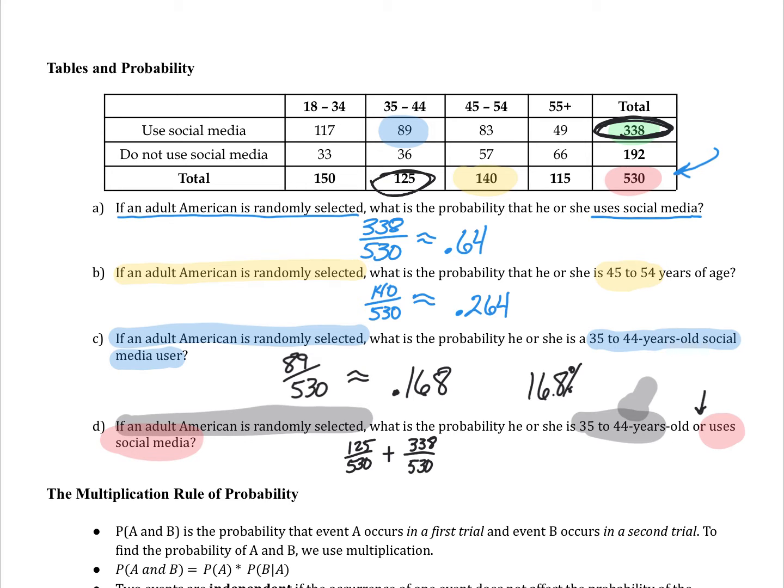But again, we see that we have counted the 89 35 to 44-year-olds that are both social media users and in the age group. So what we'll have to do is subtract our 89 away. We will subtract 89 out of 530. Since we have all common denominators here, we can combine everything on the top.